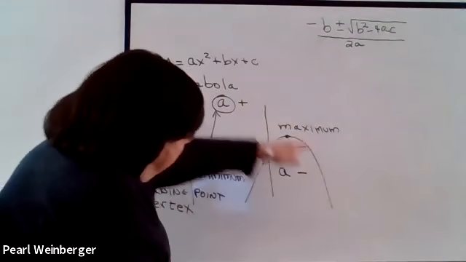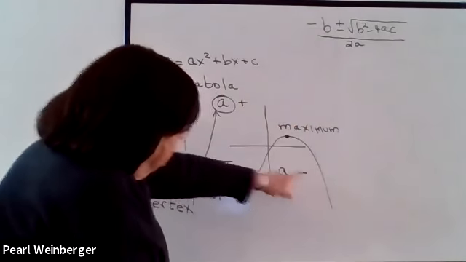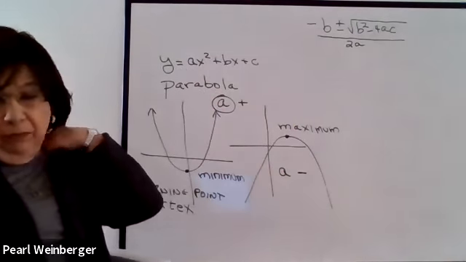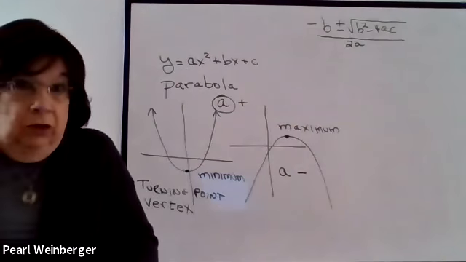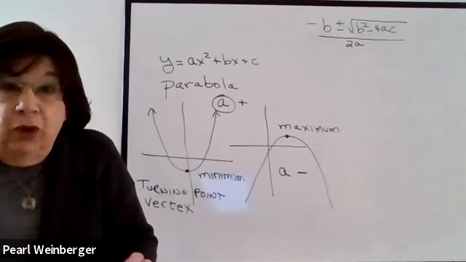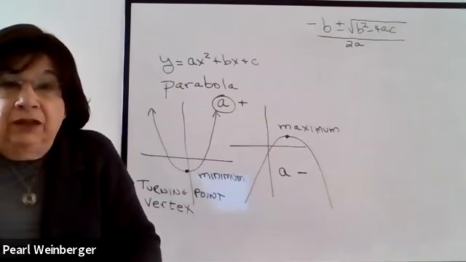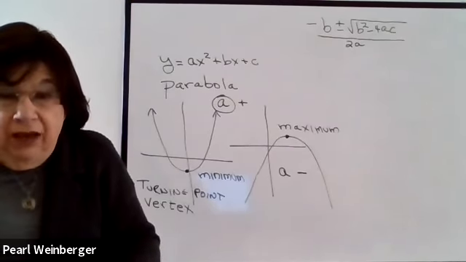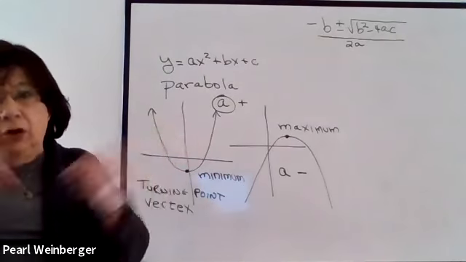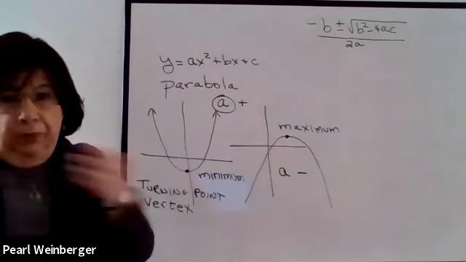Again, this looks like a frown, so negative people frown and positive people smile, so that's a good way to remember it. So that's number one. We can look at our equation and tell right away what the graph is going to look like, basically in terms of is it going to be an opening up parabola or an opening down.